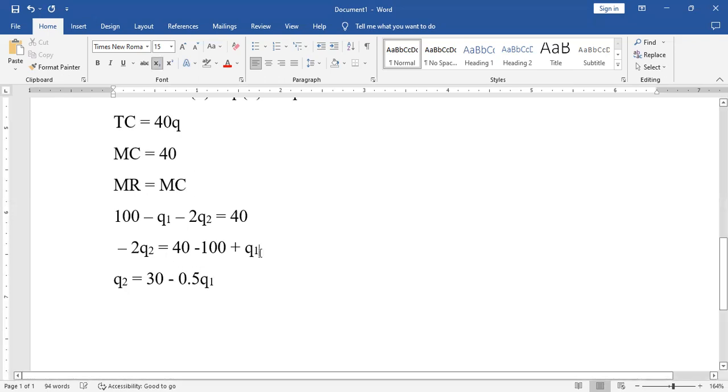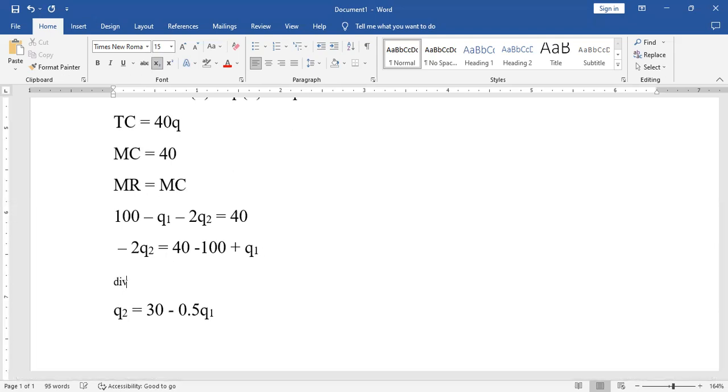Okay, so here we'll say divide through by negative 2 to obtain the function below.